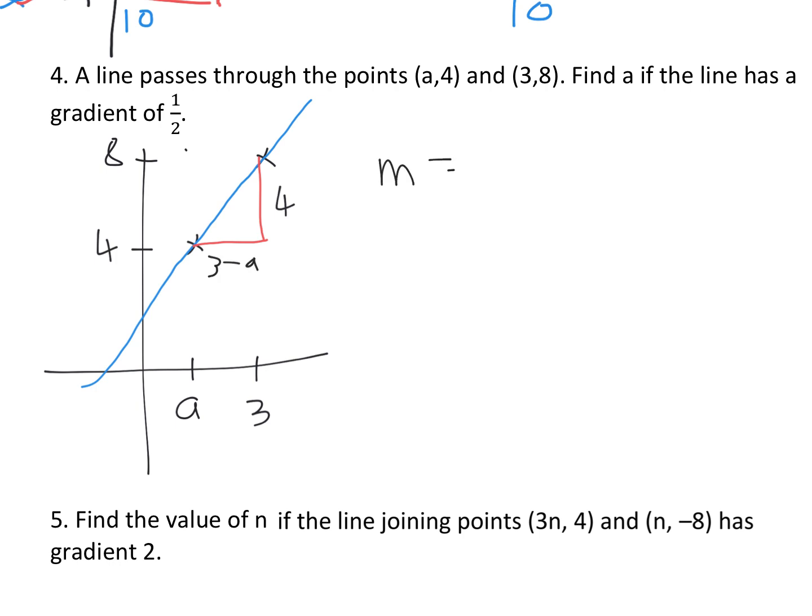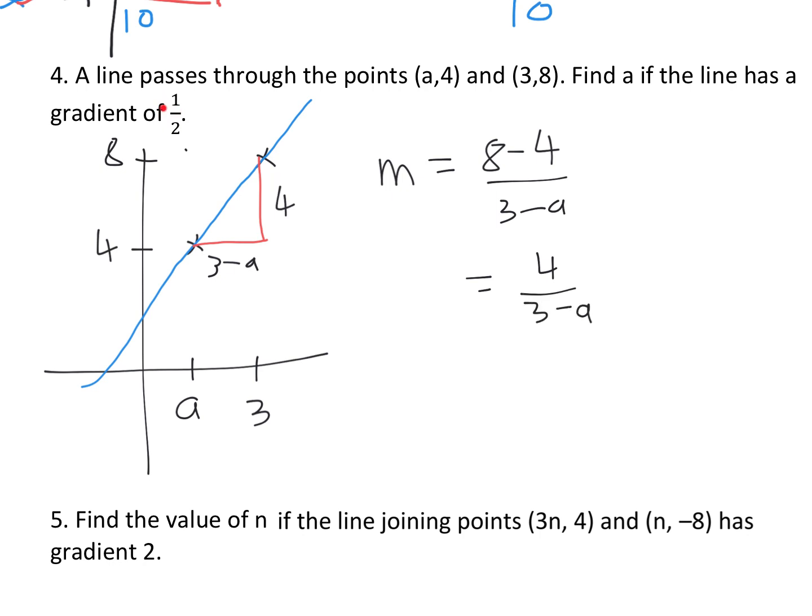So the gradient is the change in y, 8 take away 4, divided by the change in x, 3 take away a. And that is 4 over 3 minus a, which is what we can see in the diagram.